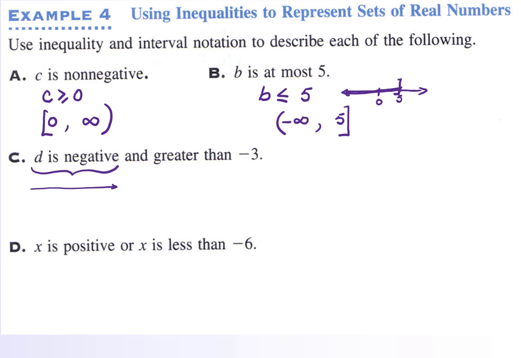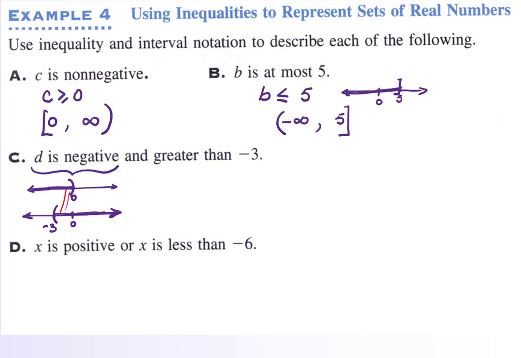D is negative, means that D is strictly less than 0. These are the values that represent D. And D is greater than negative 3, which means that D is also at the same time greater than negative 3.